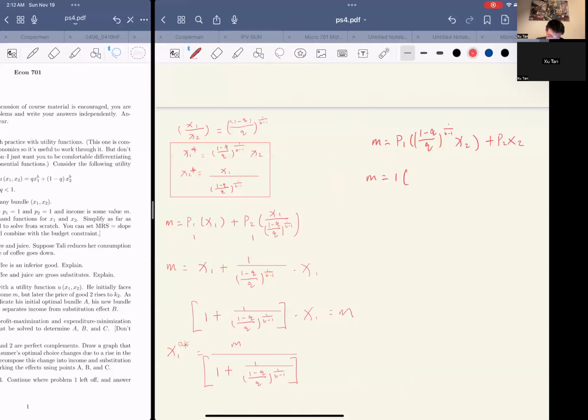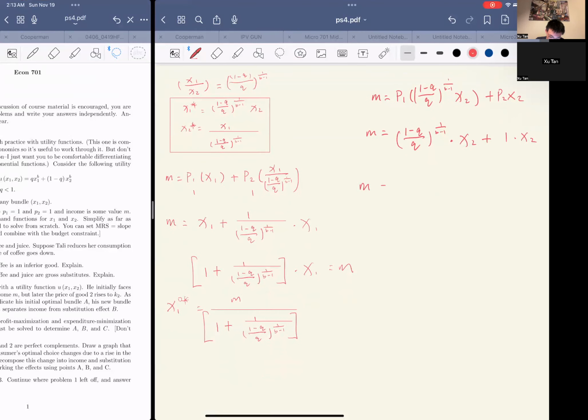So this is (1 minus q over q) to the 1 over b minus 1 multiplied by x2 plus 1 multiplied by x2.